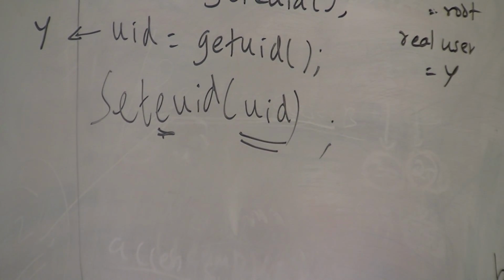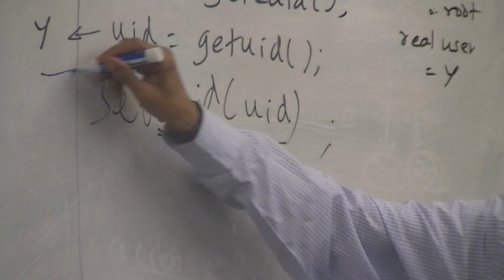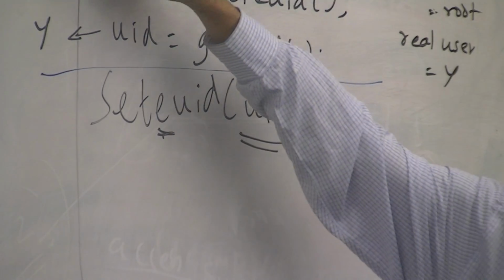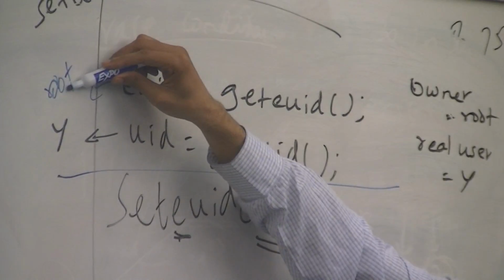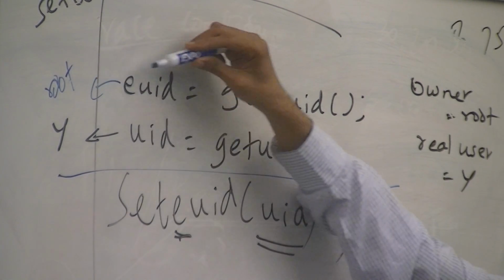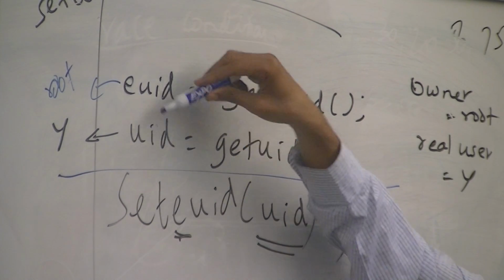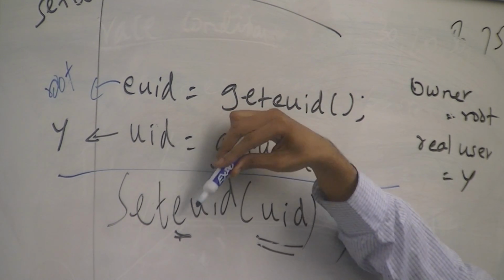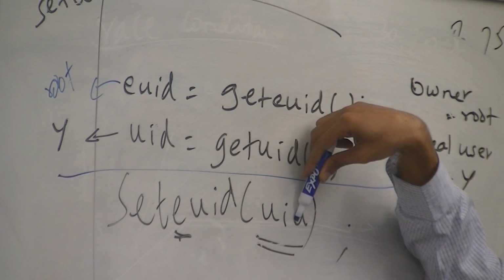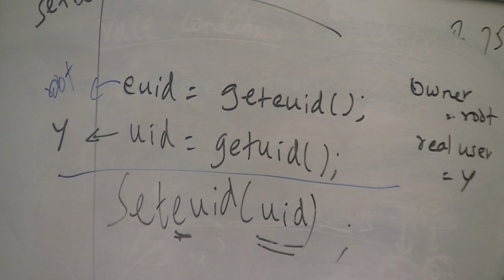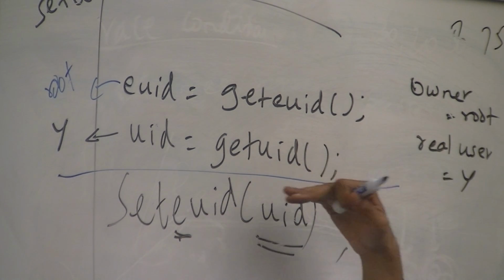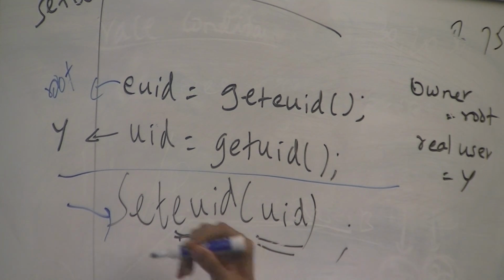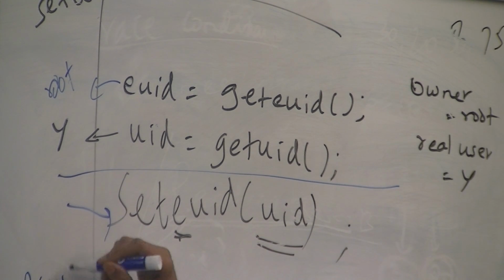Before this line, the effective user ID of this process is root, the owner of the program, and the real user ID is the real user running the program. Now you are setting the effective user ID to the real user ID, which means you are reducing the privileges. The effective user ID of this process from this point onwards is Y.